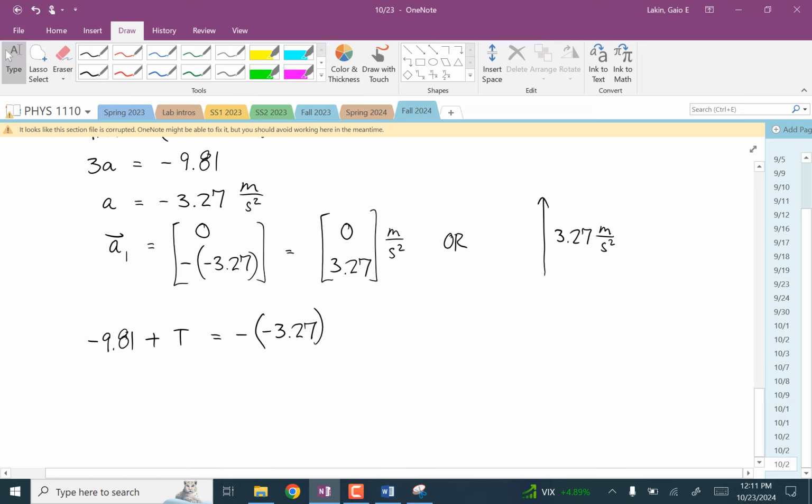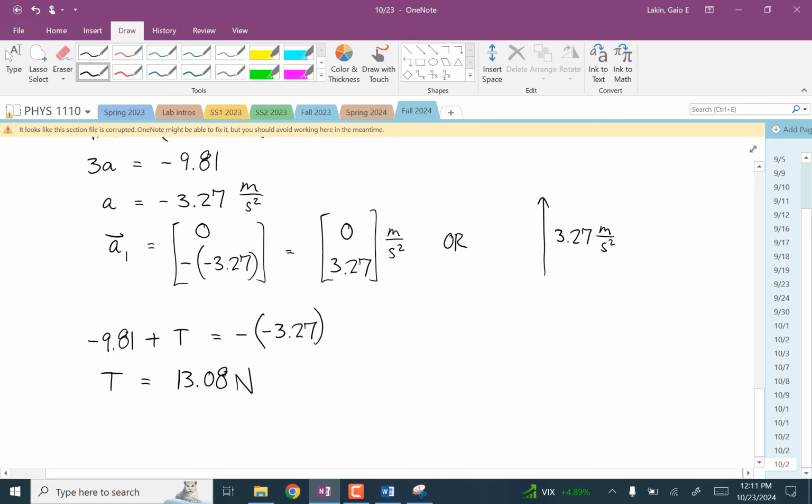And so T is equal to 13. No, not quite. Oh yeah, 13.08, I think.